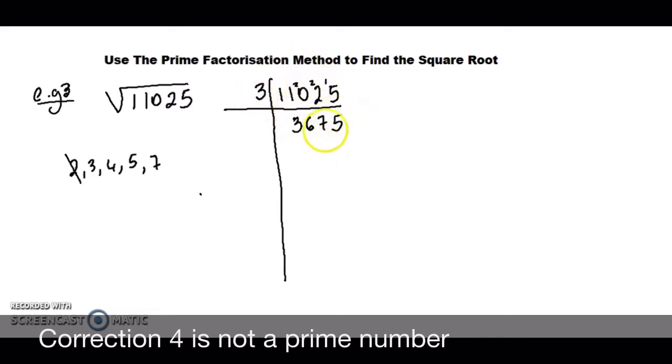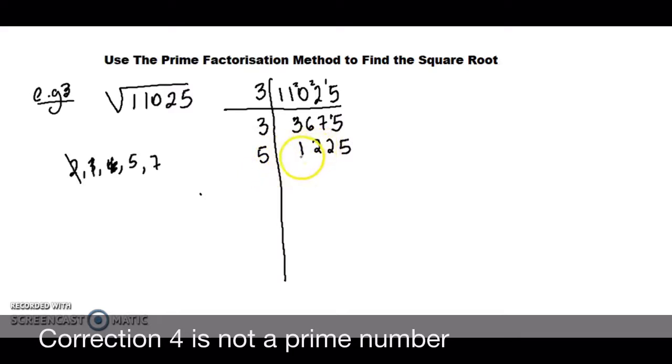Is this number also divisible by 3? Let us just go ahead and check. 3 into 6, 2 times, 3 into 7 goes 2 times with a remainder of 1, and 3 into 15 goes 5 times. Is this number divisible by 3? No.